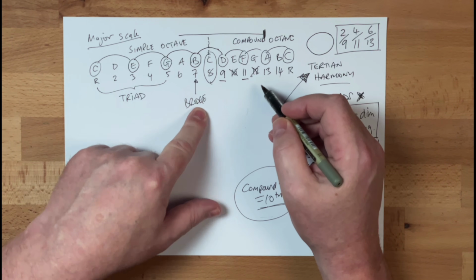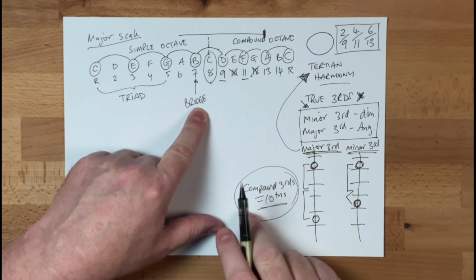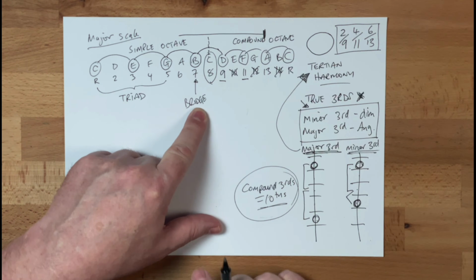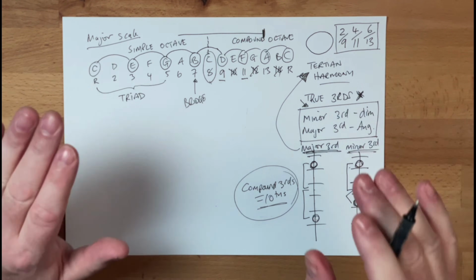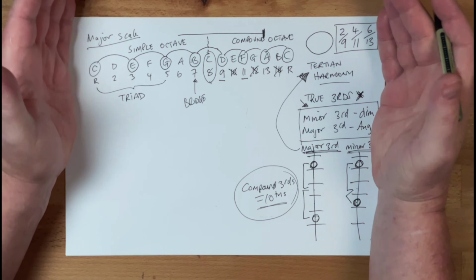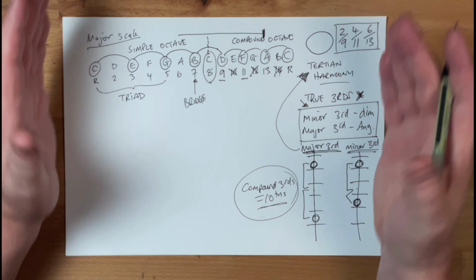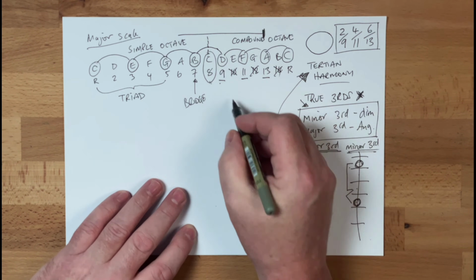Now remember, this 7th has a special function. It's a bridging note from the simple octave into the compound octave. So I don't want to have any notes called 14ths in there, guys, at all. This is diatonic tertian harmony. It's like what most music is written in. But what you'll notice is you get this 9, 11, and 13.